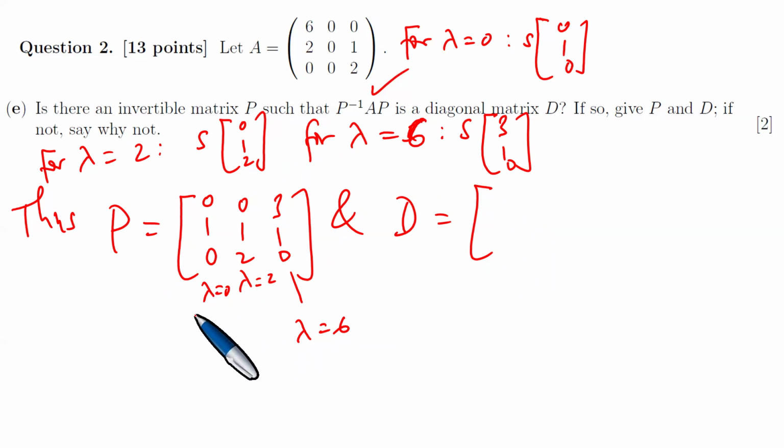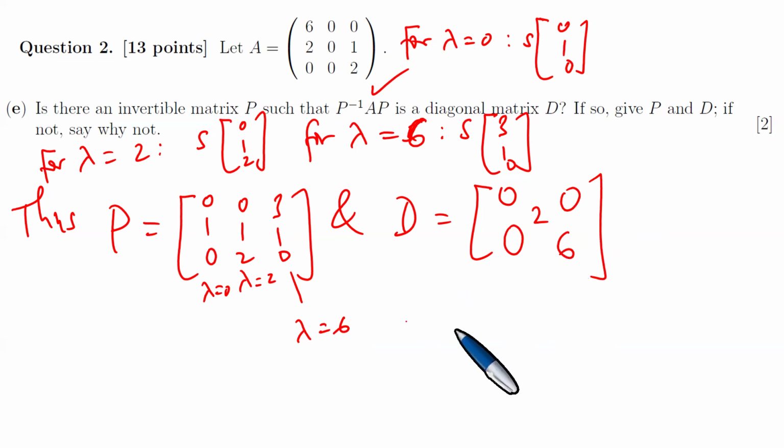Because the vector for lambda equals 0 comes first, we put lambda equal to 0 here. Then lambda equals 2, because it's the second one, goes here. The third vector is for lambda equals 6, so we have this. Then the other entries become zeros.